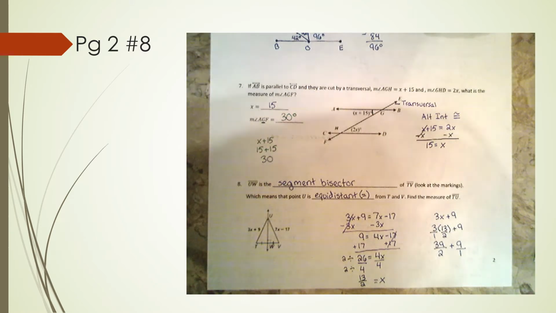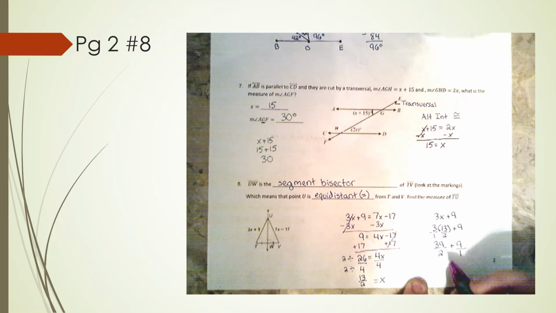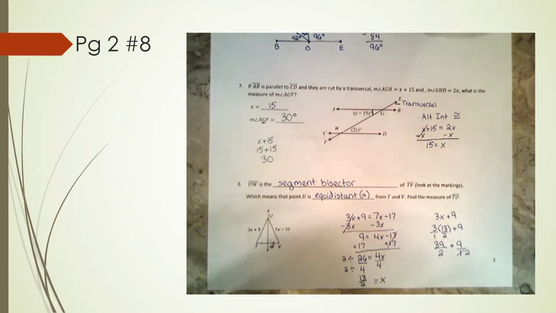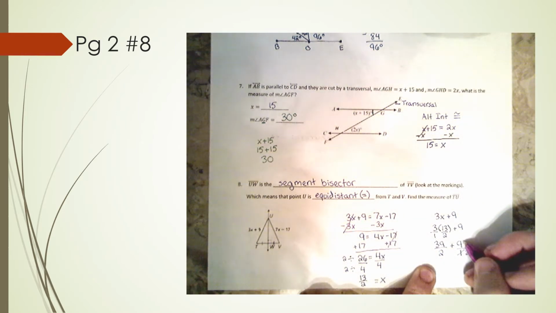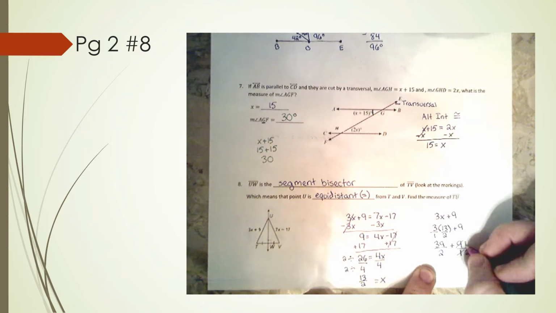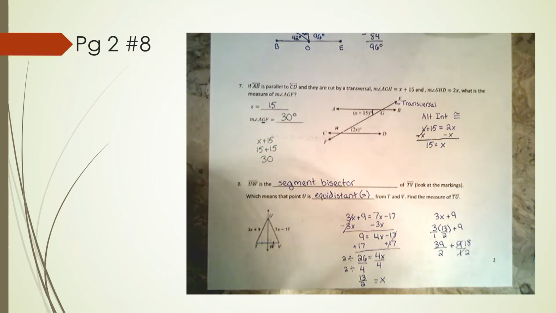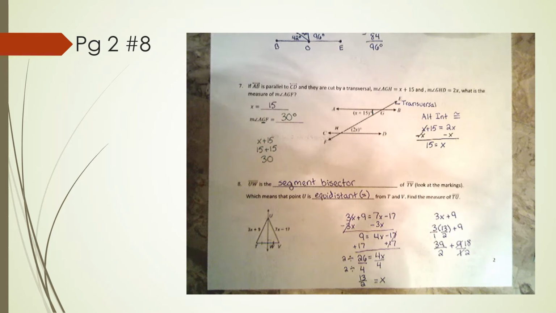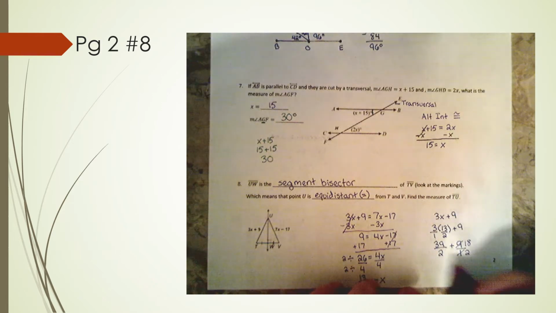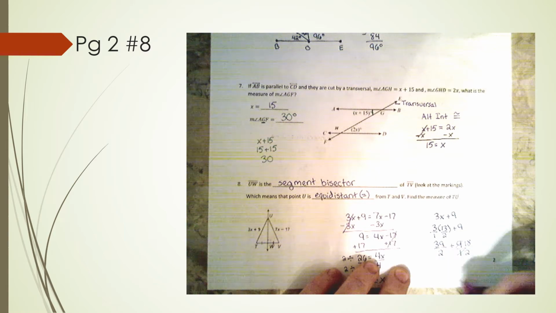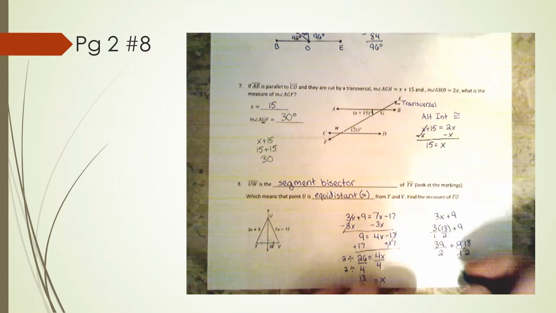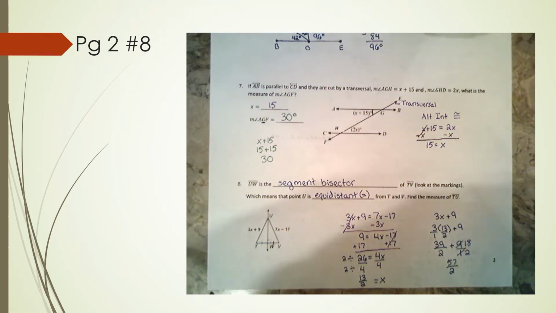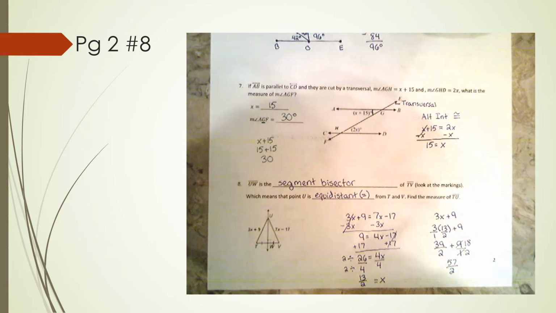Now, I can't combine these right now because when you're adding fractions, they have to have the same denominator. So this one is going to turn into 2 in the denominator. So since I multiply the denominator by 2, I multiply the numerator by 2. So you have 39 over 2 plus 18 over 2. So now I can combine them. So 39 plus 18 is 57. And you have 57 over 2, which can't be simplified down anymore. So that would be your answer.